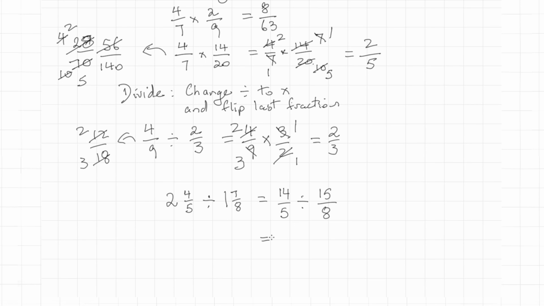And now we apply the division, which means we make this into a multiply. We write the first one down as is, and we flip this one, 8 over 15.